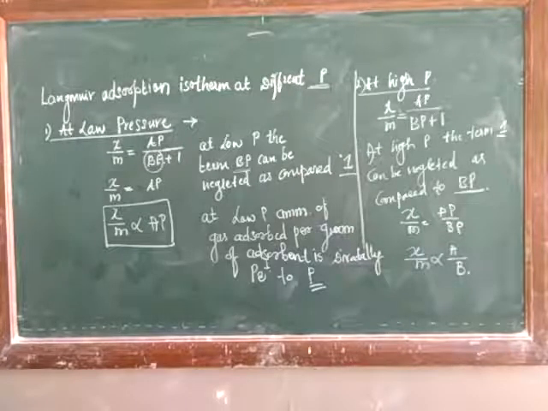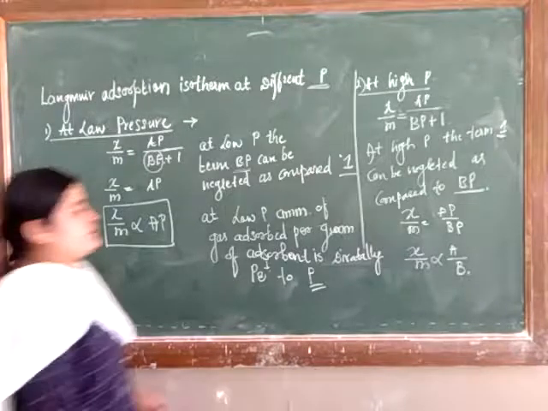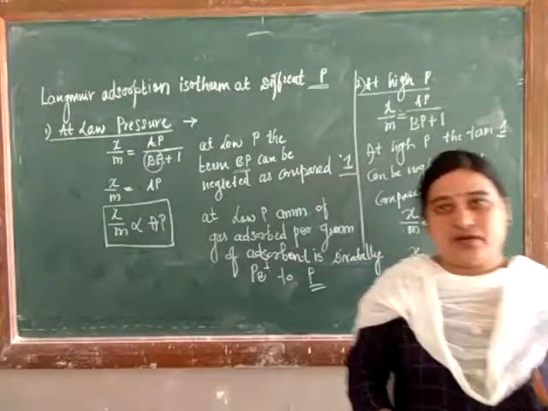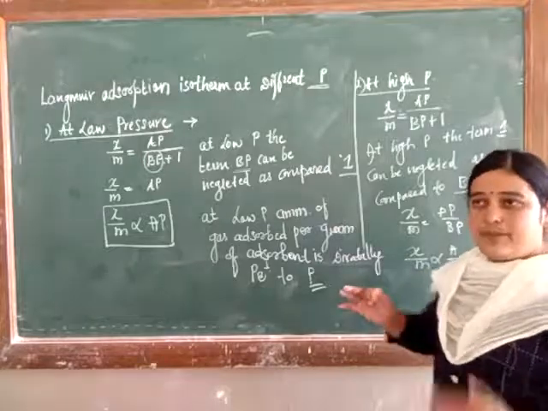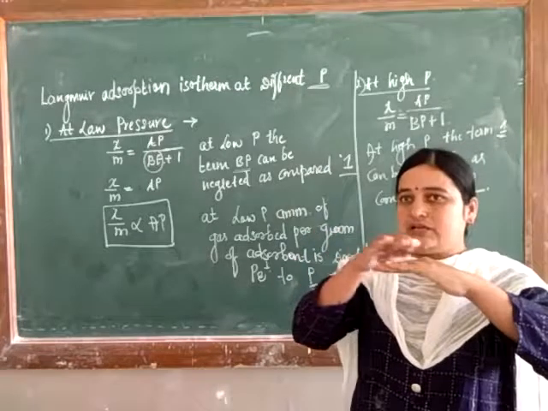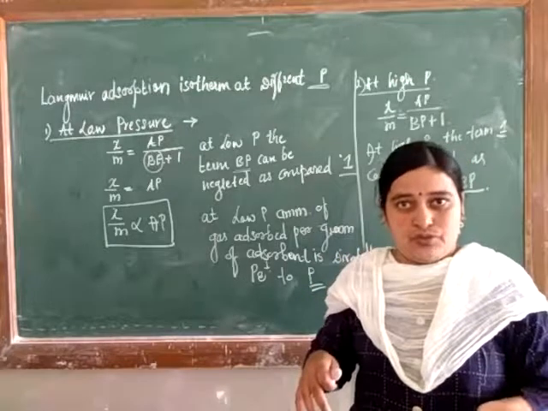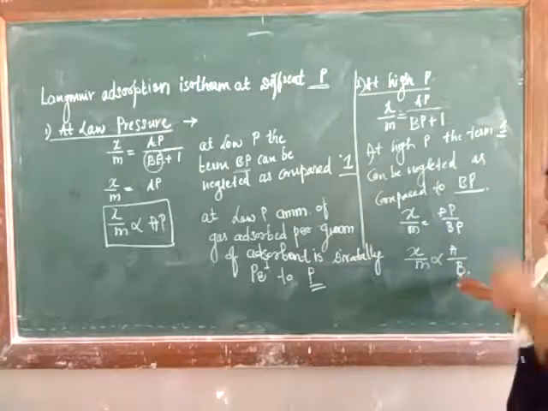This shows that at high pressure the entire surface area of the adsorbent is covered by gas molecules, so no further adsorption will take place at high pressure. This is for high pressure.